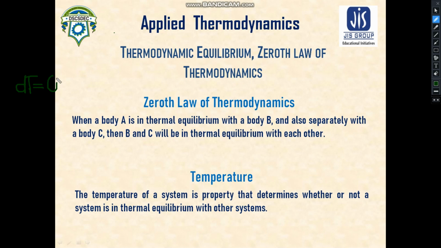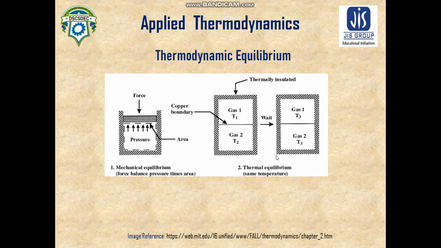So dT, if dT refers to the change in temperature, this dT should be 0. This dT needs to be 0 to maintain thermal equilibrium conditions.